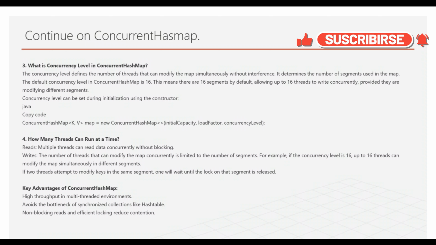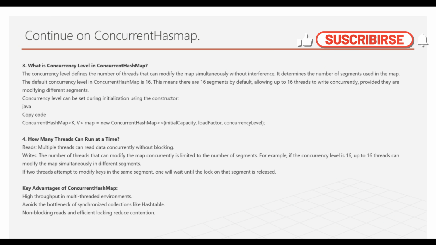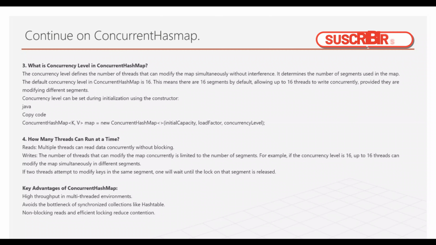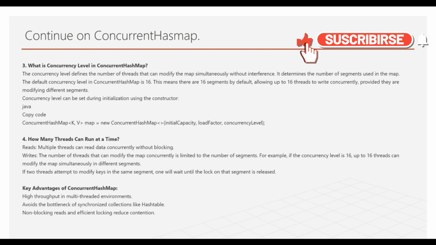It avoids the bottleneck of having to synchronize the whole map, and instead we acquire a lock only on a block and then perform the operation. As it is divided at the segment level, it's quite efficient in terms of read and write. It's non-blocking, so you don't need to acquire any lock when it comes to reading. You don't need to wait in terms of reading also.